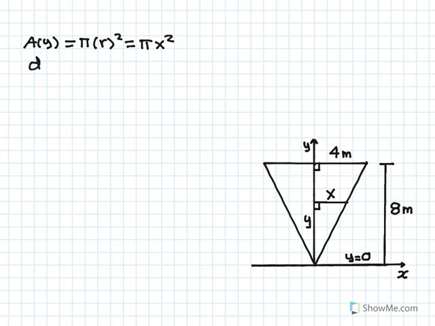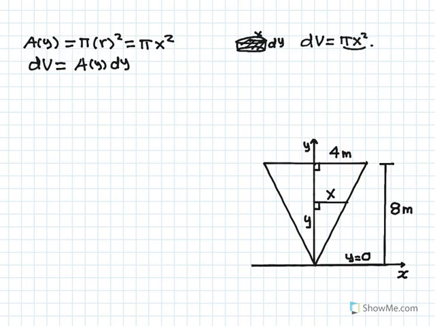So now what is the differential volume? The differential volume is A of y, the cross-sectional area, times dy. Essentially what we have is a cylinder. Here is x, the radius of this top circle. Here's dy, the height of this cylinder. So you can see how the differential volume is going to be pi x squared, the cross-sectional area, times the height of the cylinder, dy.